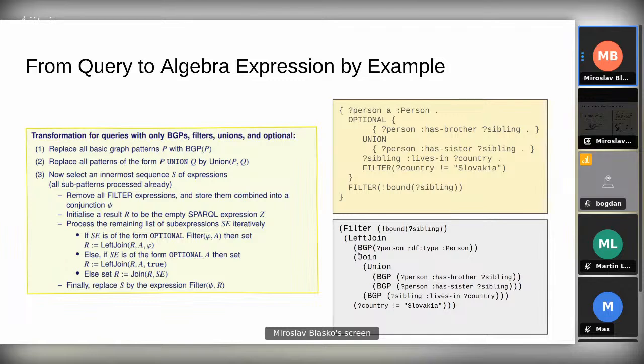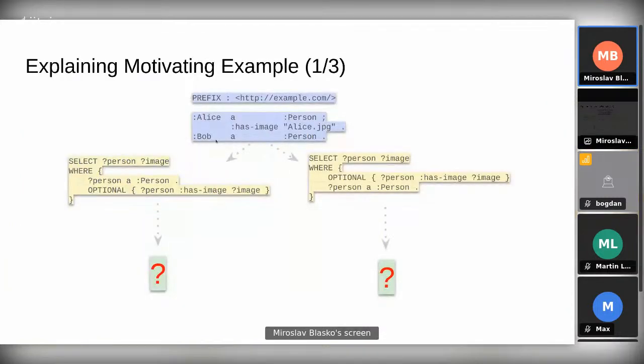And if you understand those operators, it should be easy to understand what will be the output of the query. So for example, here we have this simple motivating example.